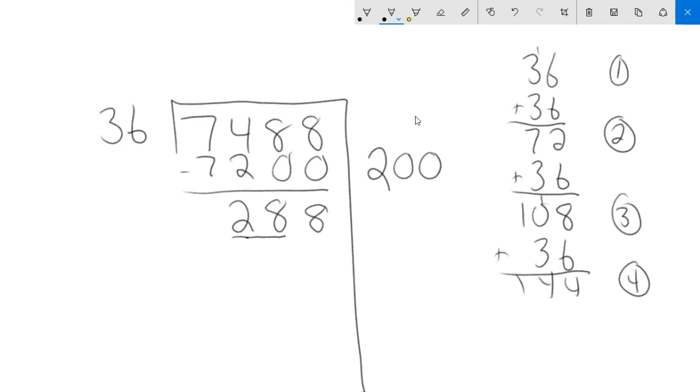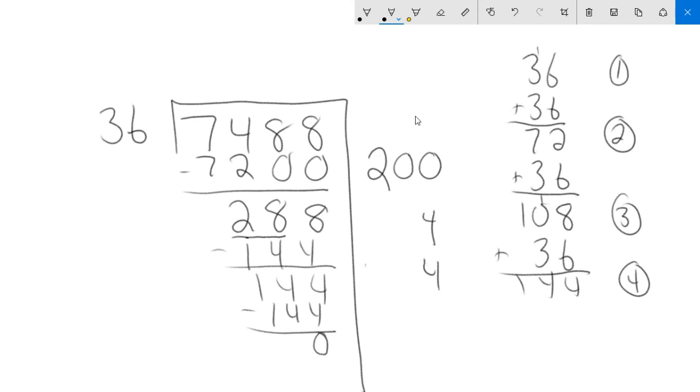So the largest multiplication I know is times 4. So I'm going to go ahead and do times 4. That is 144. When I subtract, I still have 144 left. That worked out great because I already know times 4 is 144. So I subtract that, and I have nothing left.